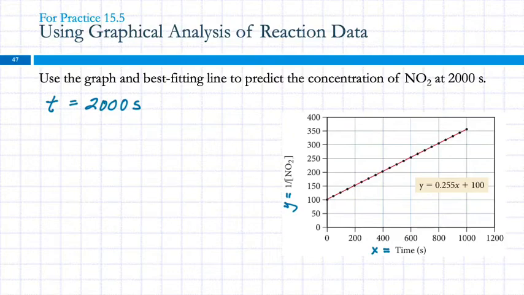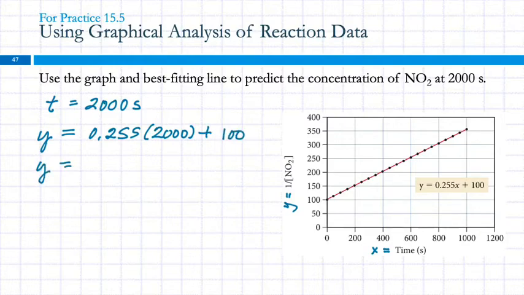So if I just use the equation for that line, y equals 0.255 times 2,000 plus 100. Y is equal to 610. So that means on this graph, I'm looking at a place where y is 610, way up here somewhere.